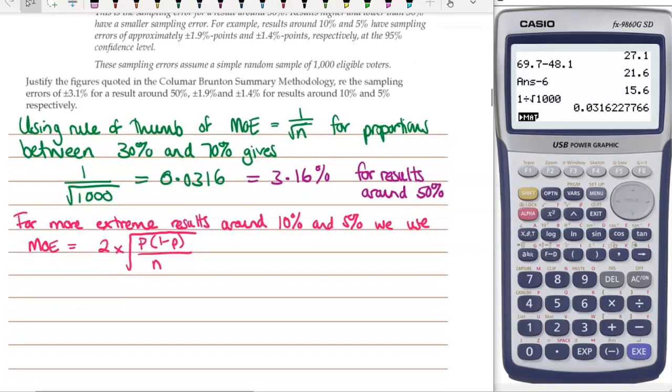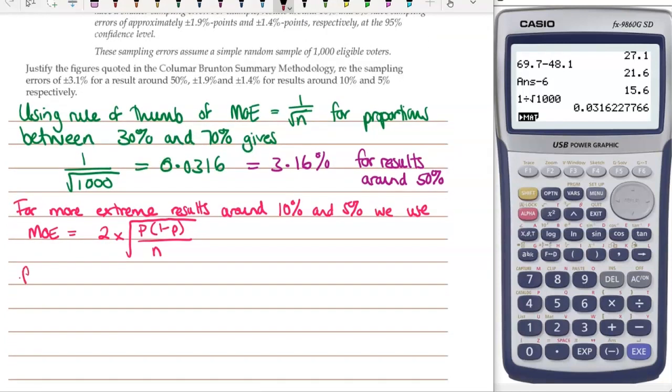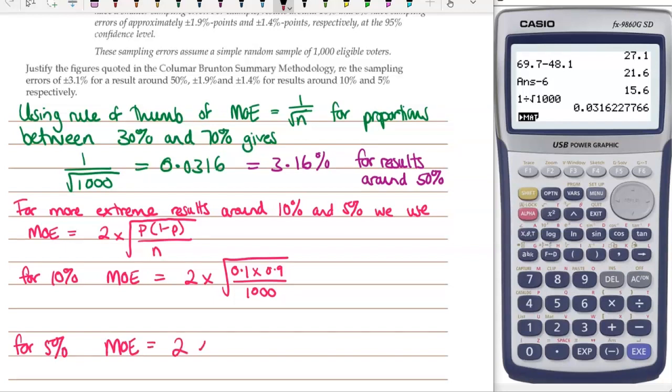That looks like this. So for 10%, margin of error is equal to 2 times the square root of 0.1 times 0.9 over 1,000. For 5%, it will be 2 times the square root of 0.05 times 0.95 over 1,000.